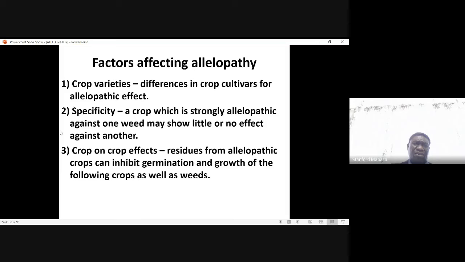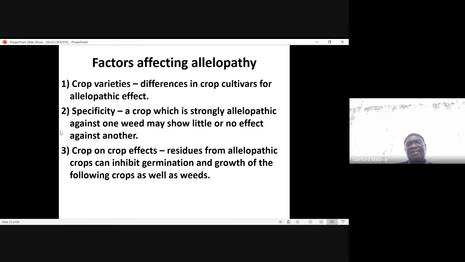So you may find that different crop varieties may differ in terms of how they produce these allelochemicals. There is also specificity, or you may call it selectivity.